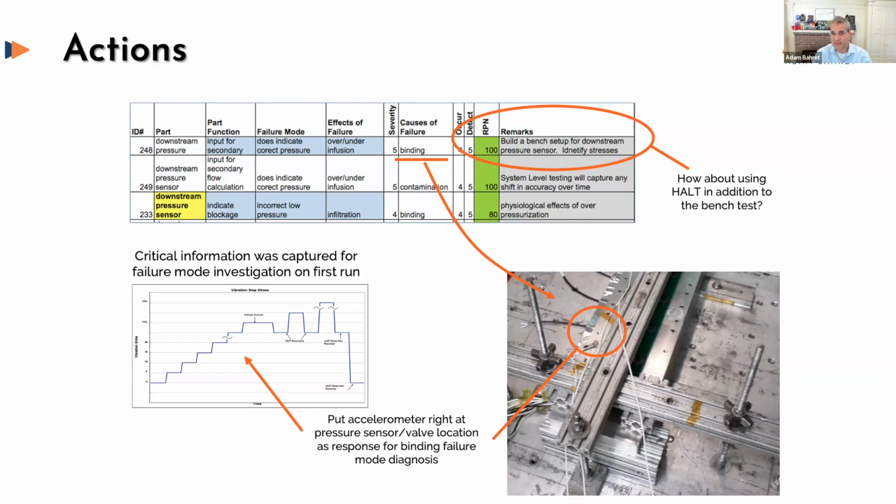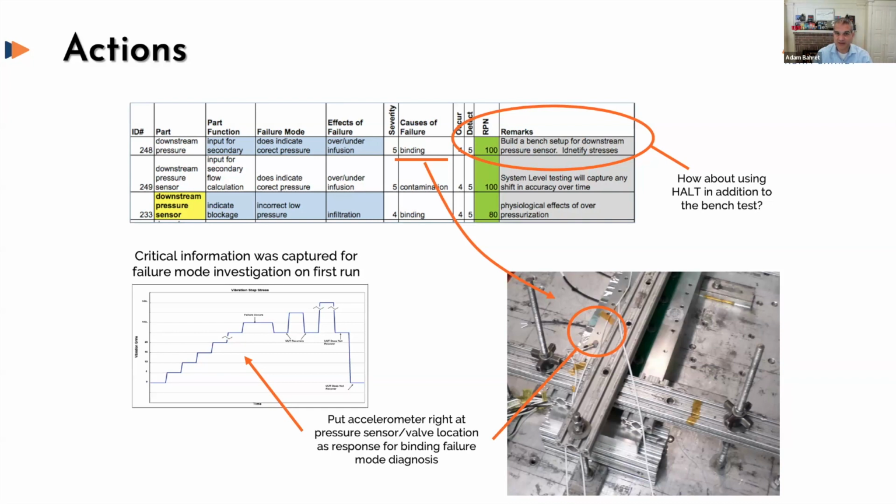So we wanted to understand more about the sensor. So then the idea was, well, how about we use HALT testing to do a very quick investigation, understanding how they can fail. So right away, there was an action that could be done when this line item was identified and seemed to be very likely to be a high number compared to other ones we've done. And so within the DFMEA process, this test could be done in between sessions, and the results brought back even within the higher level process not having been completed yet.